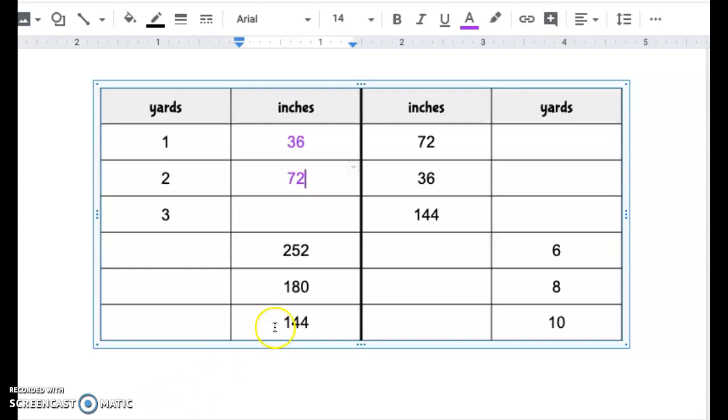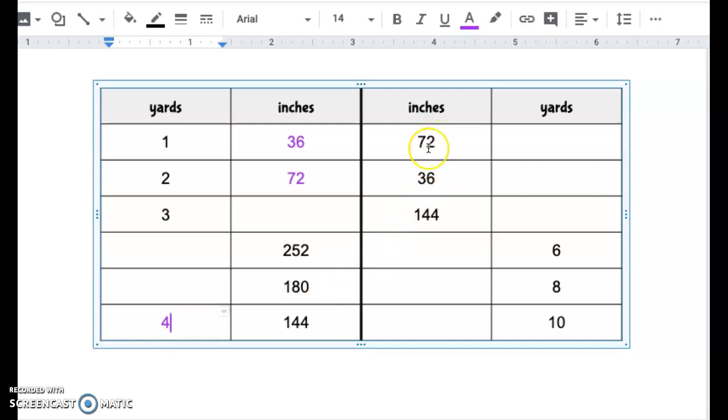And by doing a little math on my scrap paper, I found out that 4 times 36 is 144 inches. So 144 inches divided by 36 is 4.